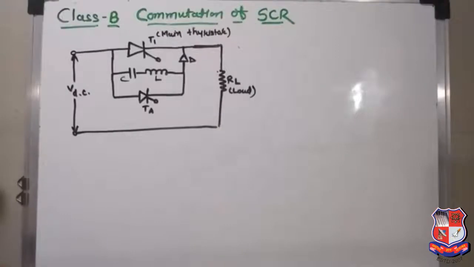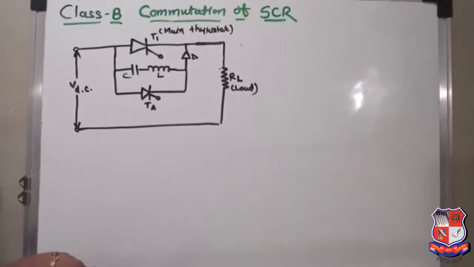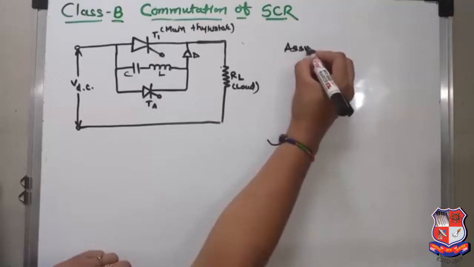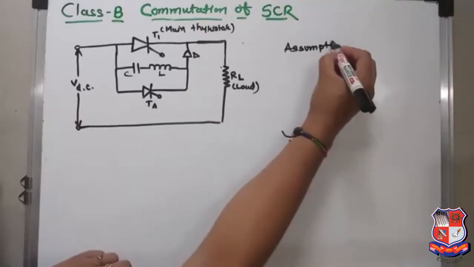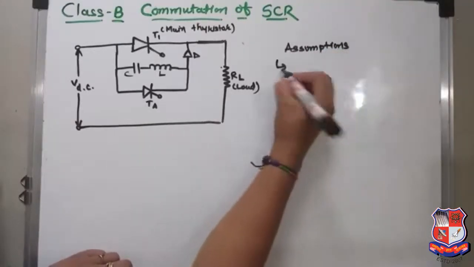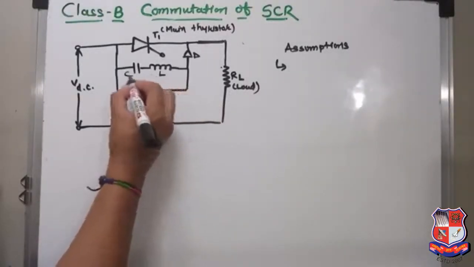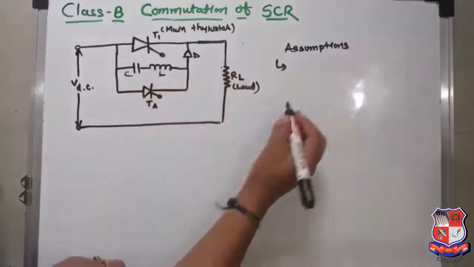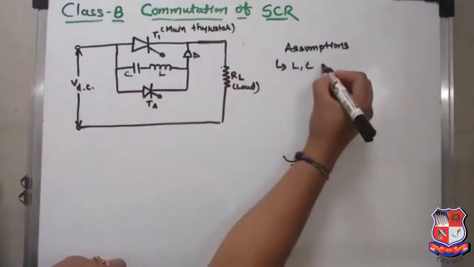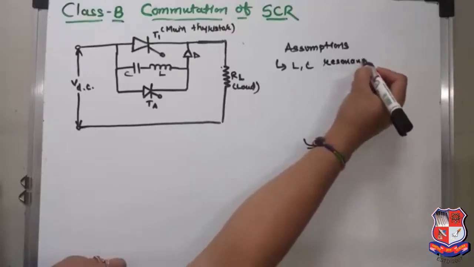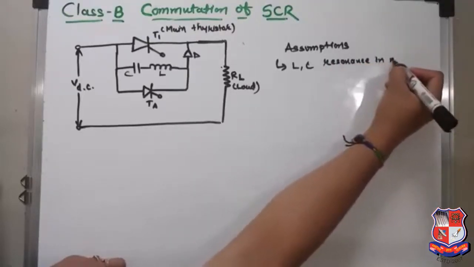Now a few assumptions are taken before we start to learn about the class B commutation. First, L and C are resonant in nature.